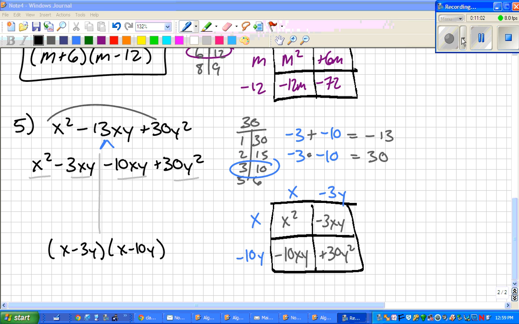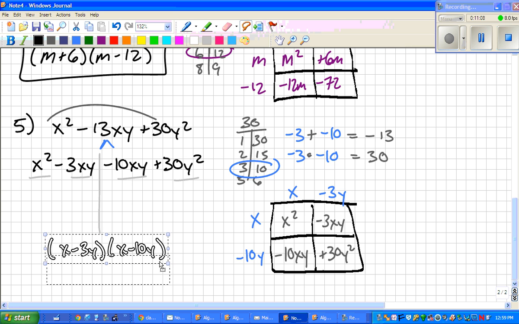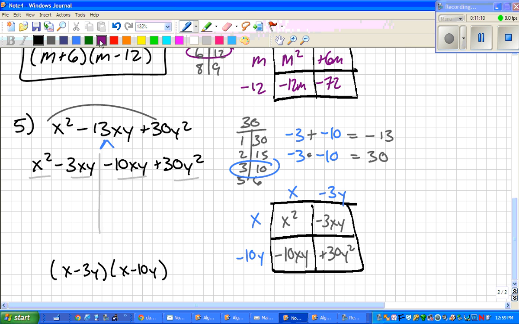Okay, and when you're done factoring it, you get x minus 3y and x minus 10y. Now, for those of you who are like, I don't like the box method, let's do this real quick. Okay, you can pull out an x from the first group, and back here we can pull out a negative 10, and they both have y's.